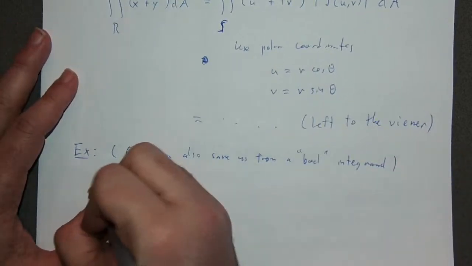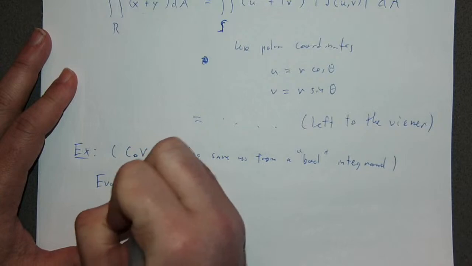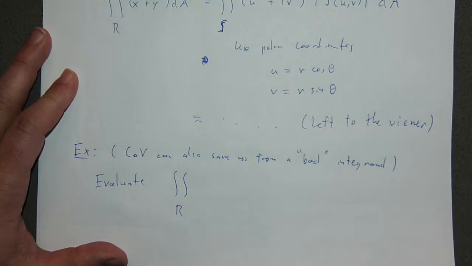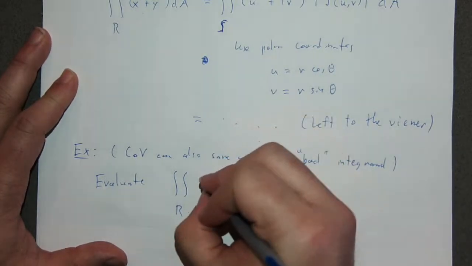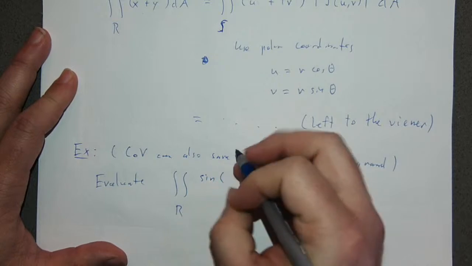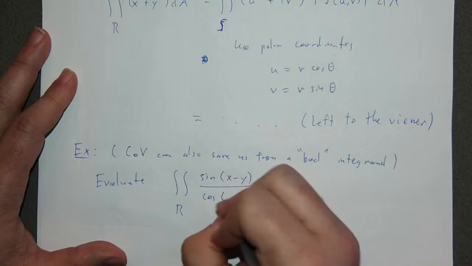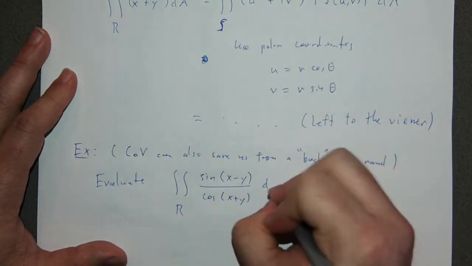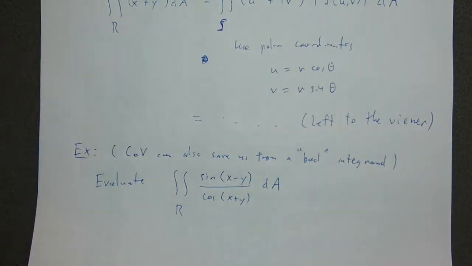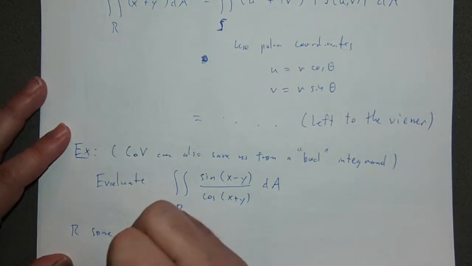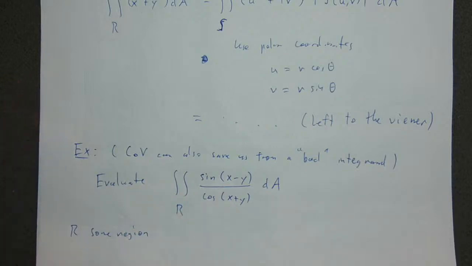So what's an example? What if I was asked to evaluate the double integral over R, where R is some suitable region that I'm not going to even write out, of sine of x minus y over cosine of x plus y dA. Maybe R is some region that will be convenient enough for this sort of example.